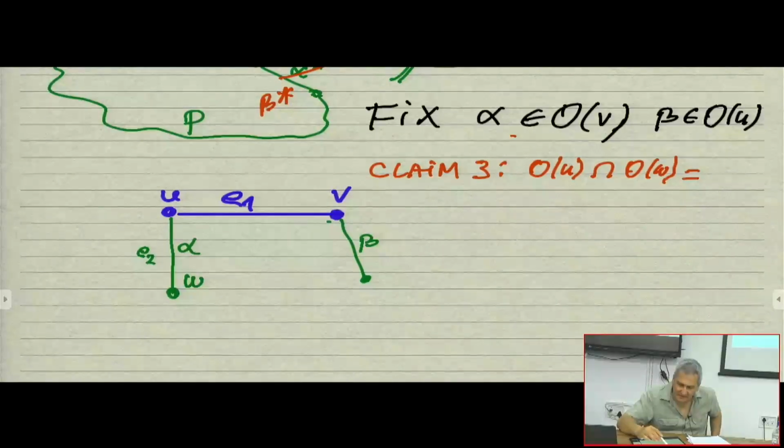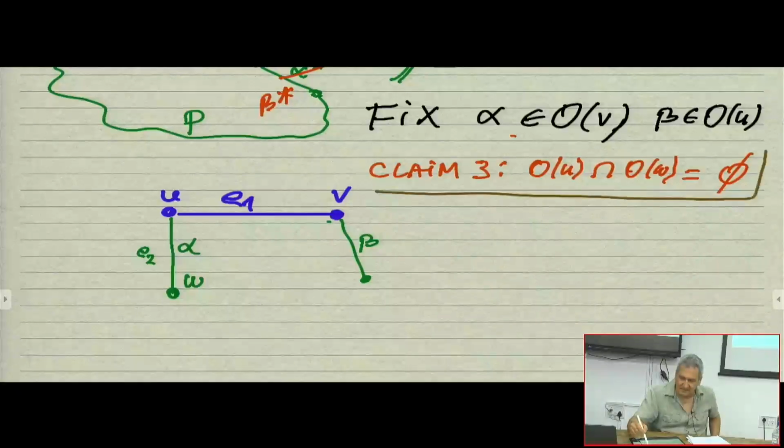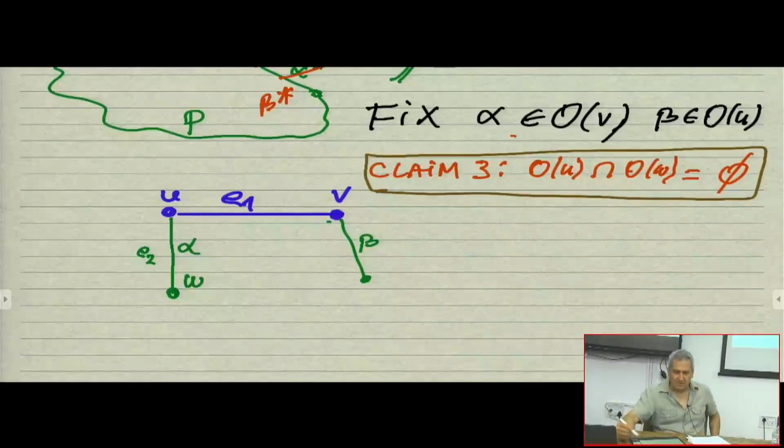Empty set. Why is it an empty set? Because if I have here a color, let's say P, that is missing, what does that mean?